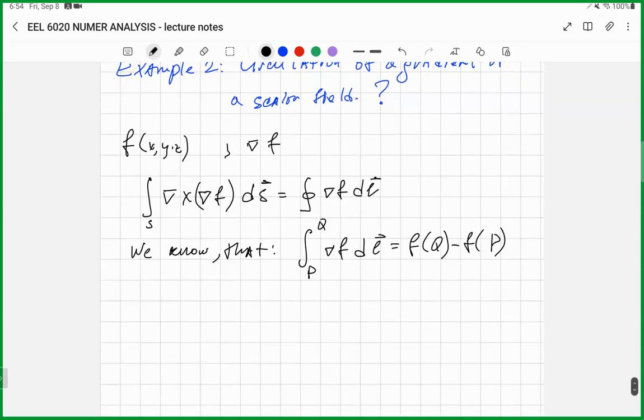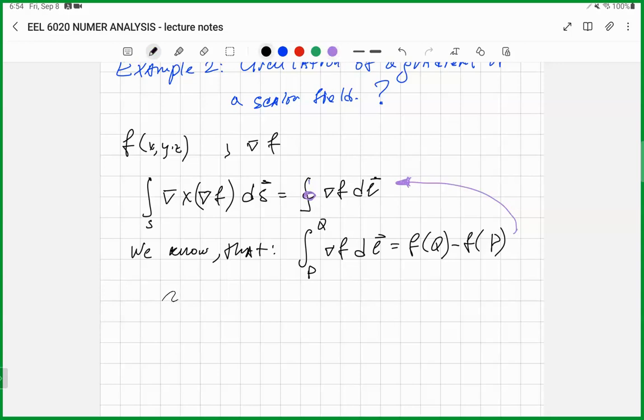Okay. So now can we compare? We look at this formula here and notice that our integral now is the closed integral, which means the initial and ending point coincide, which makes this integral 0, right? f in one point minus f in the same point is equal to 0.